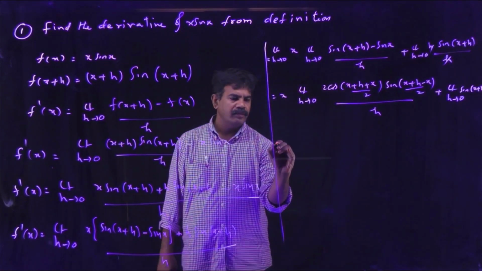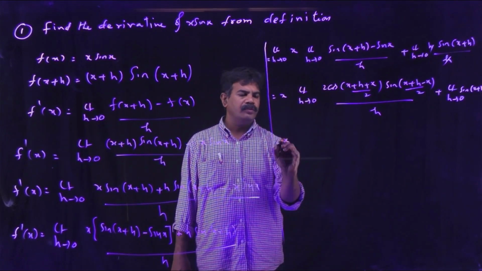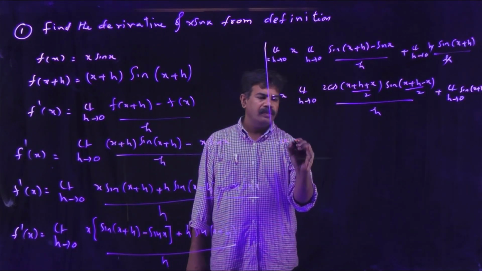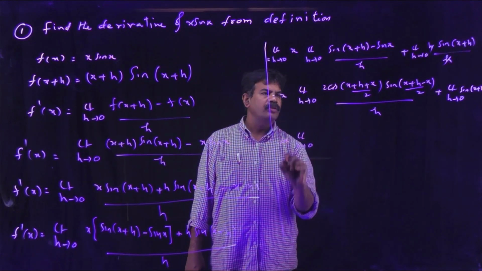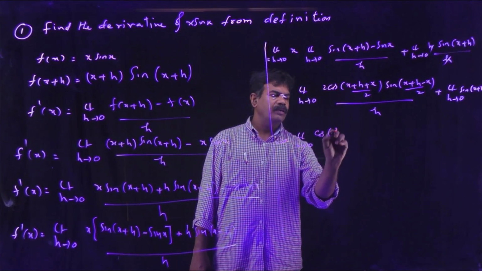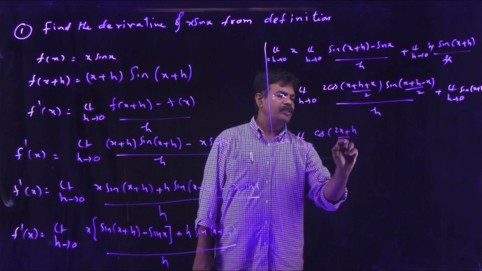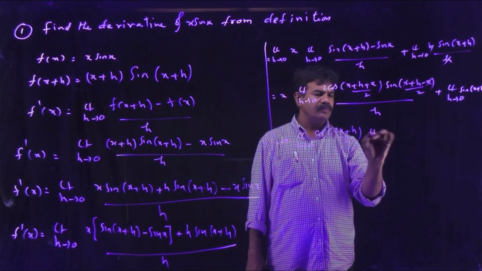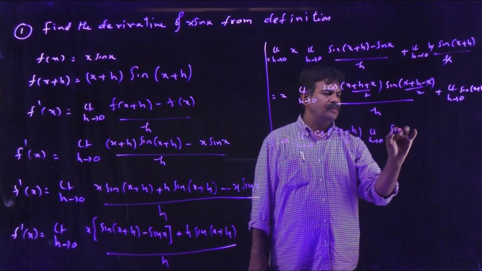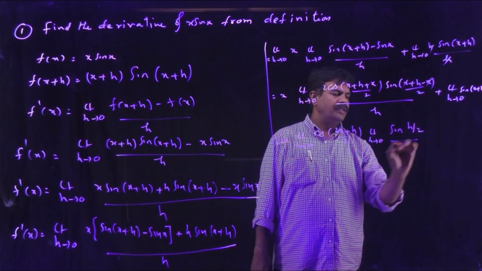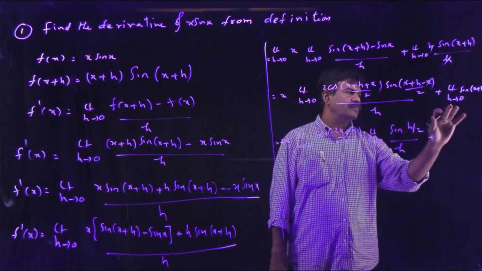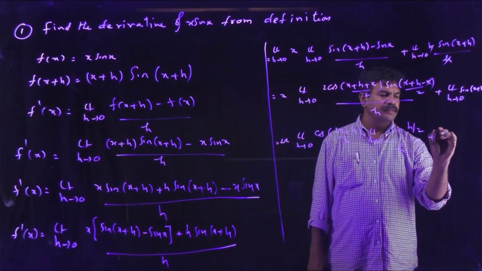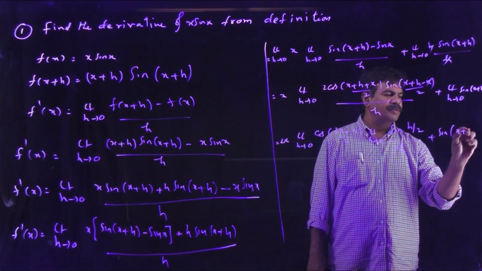It is equal to 2 into x, 2x, limit h tends to 0 cos of 2x plus h by 2, x cancel, limit h tends to 0 sin h by 2 by h, plus we apply the limit sin of x plus 0.